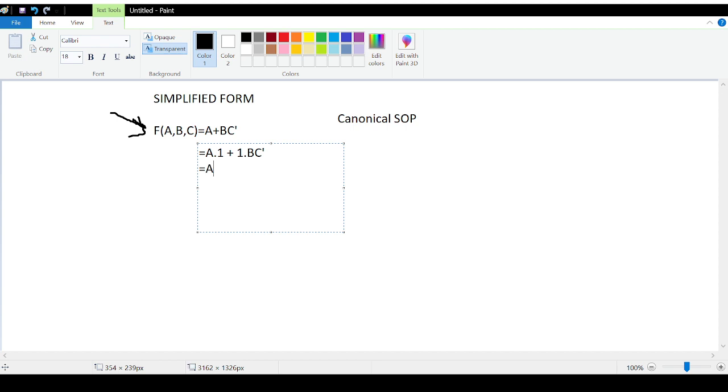Now I can replace the 1 with B plus B bar, right? And here the 1 can be replaced with A plus A bar into BC bar. Is this step clear? Yes, miss. Okay. So why did I bring B here?